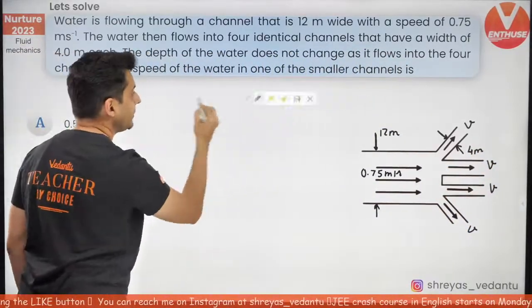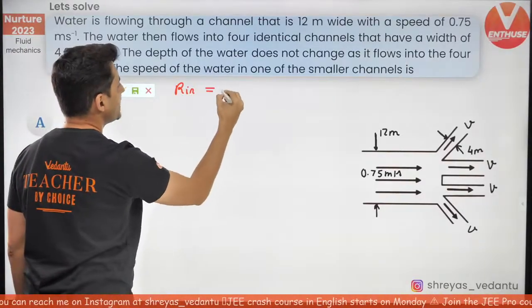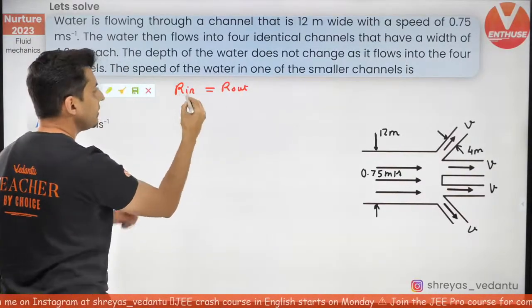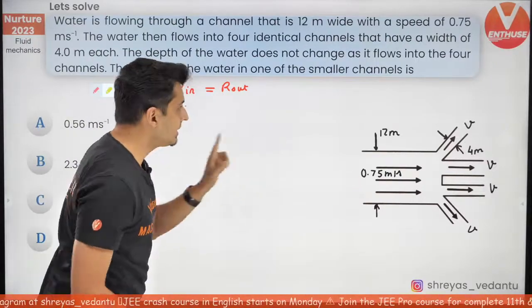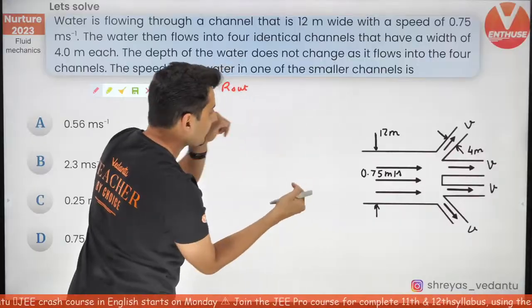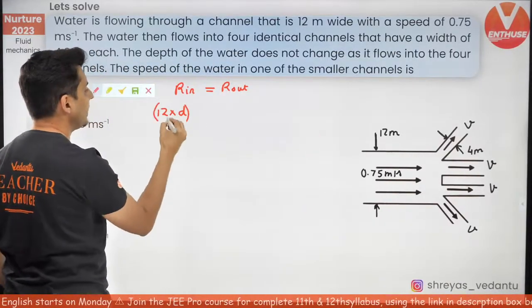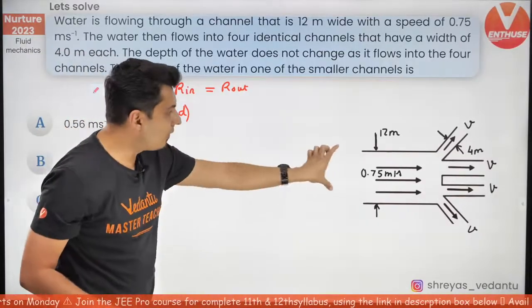So think about it. Whatever water is flowing in should be the water which is flowing out. The water which is flowing in is area times speed. The area will be width into depth. The width is 12, depth is, let's say, D. So 12 into D is the area of cross section.